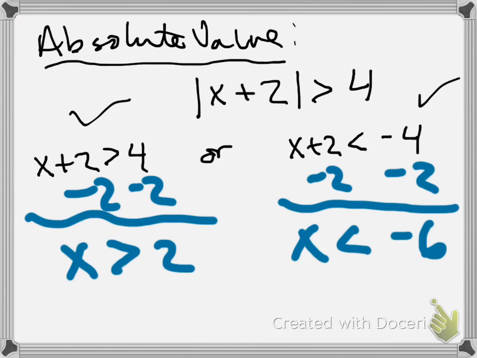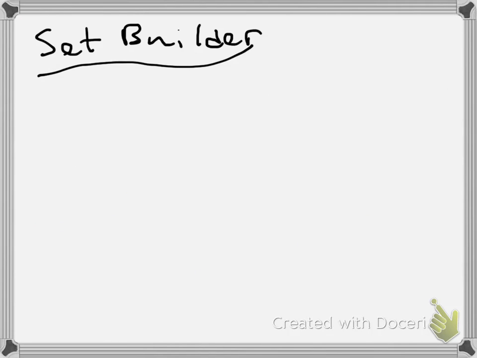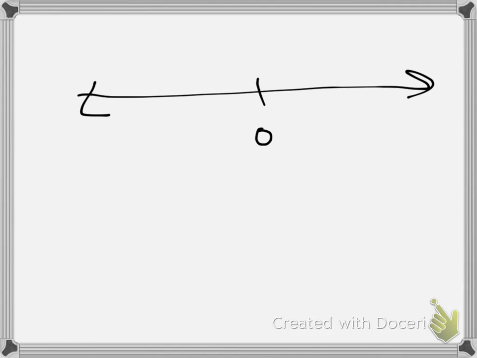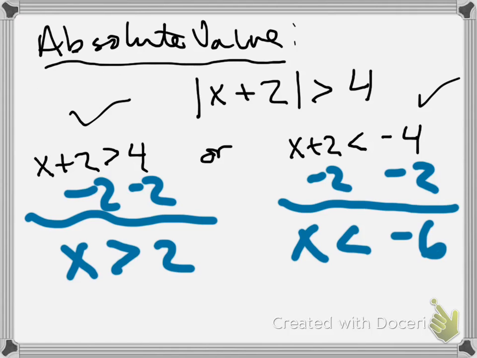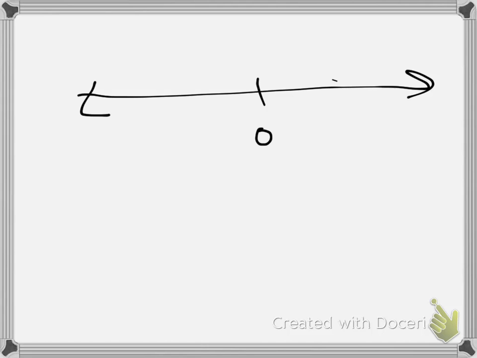Let's get our number line going here on the next slide. I'm not quite ready for interval notation or set builder. I'll come back to it. So let's see. What are our qualifications here? It has to be greater than 2. Okay, so here's 2. Has to be greater than 2, not including 2.